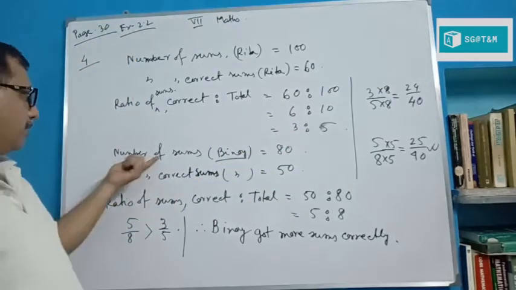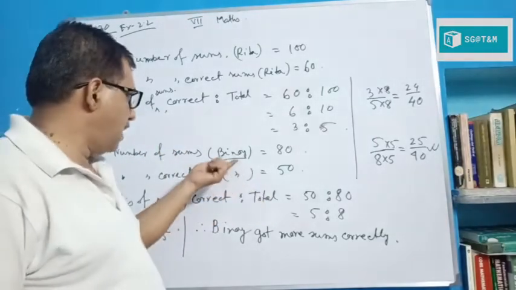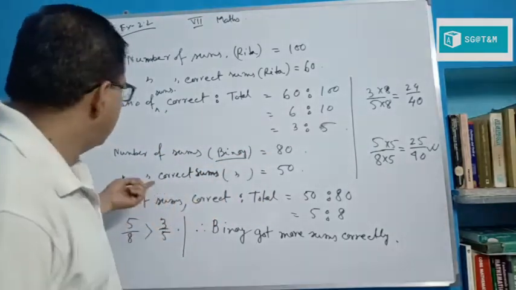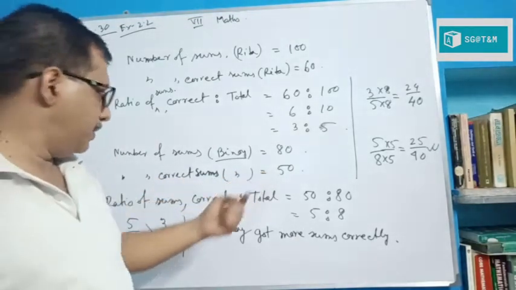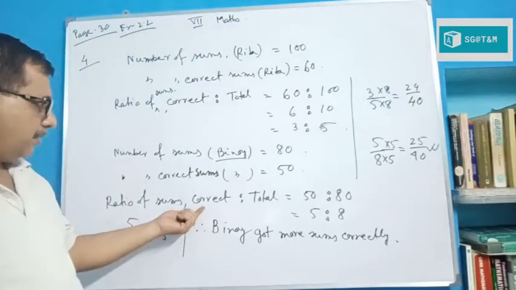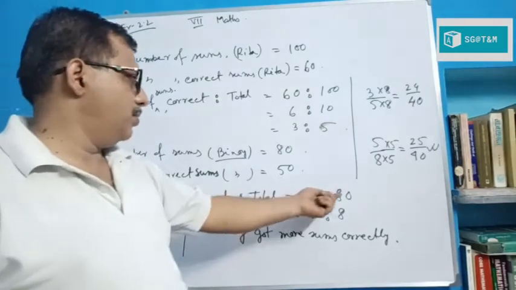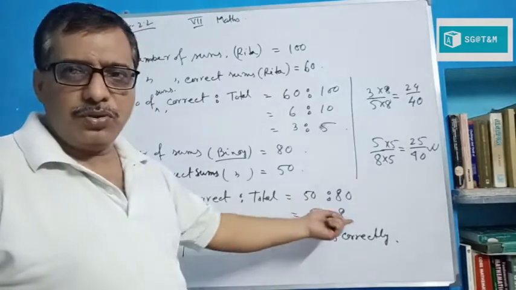And the number of sums tried by Binoy is 80, and the number of sums correct by Binoy is 50. So the ratio of correct to total is 50 is to 80, that means 5 is to 8.